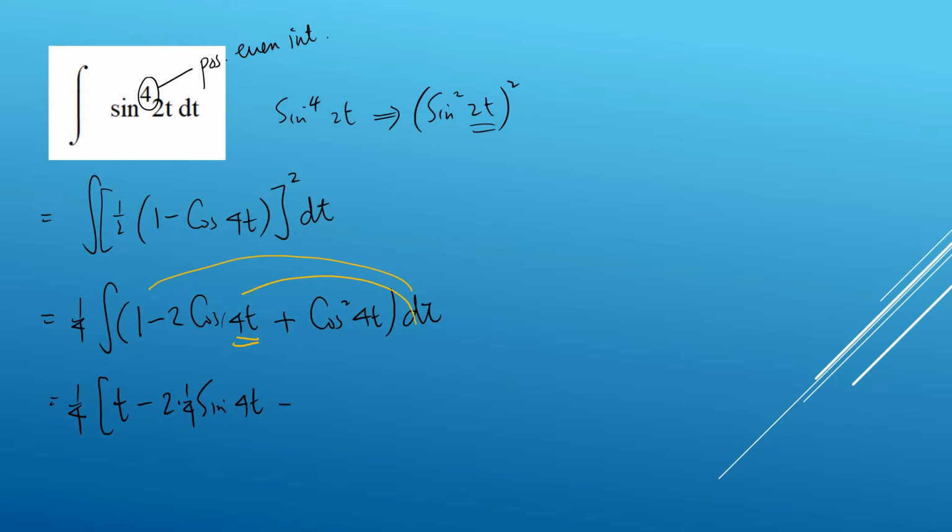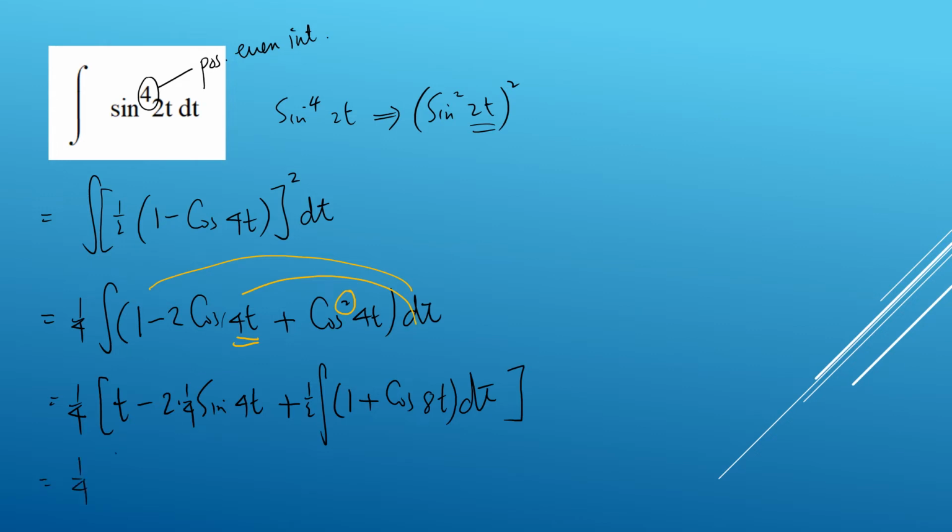Then plus cosine squared 4t. Take note, the power of cosine is positive even integer. So we cannot integrate it yet. We apply the identity for cosine squared, which is 1/2 quantity 1 plus cosine of twice the angle 4t, that is 8t dt.